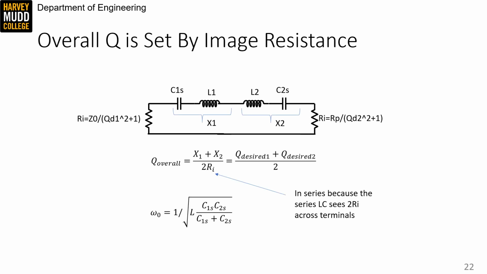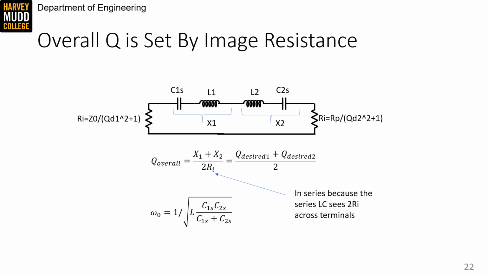Next, we bring the two parallel to series converted L matches together to represent the whole pi network. We can try to define an overall Q for this network, and we're going to do that by treating this like a component Q, like we did on the previous slide. First, we notice that the two reactances x1 and x2 are in series, which means that we can combine them into a net reactance x1 plus x2. The two terminals of the compound reactance are connected by two series Ri resistors.